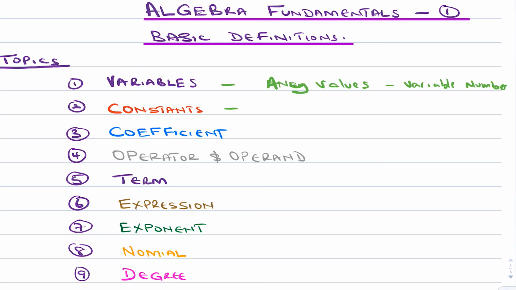A constant, on the other hand, can only have a fixed value.